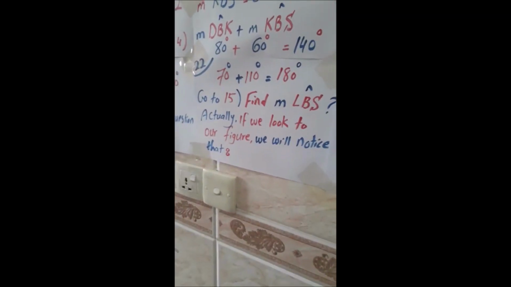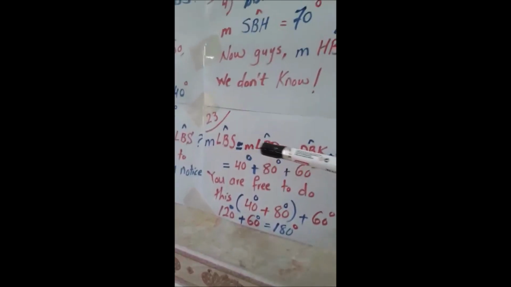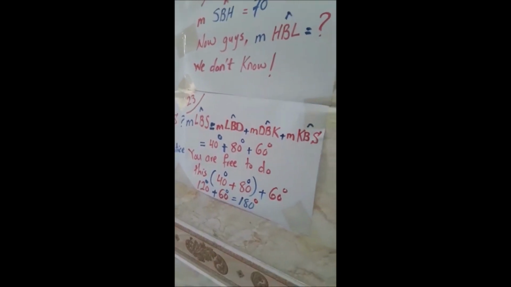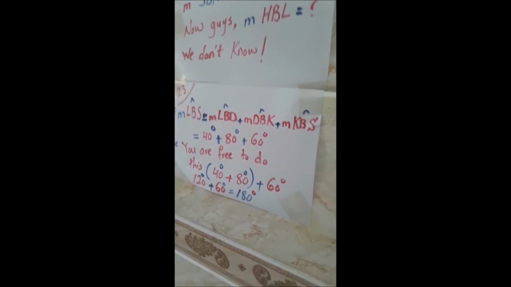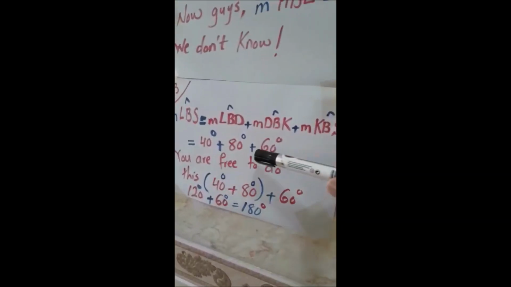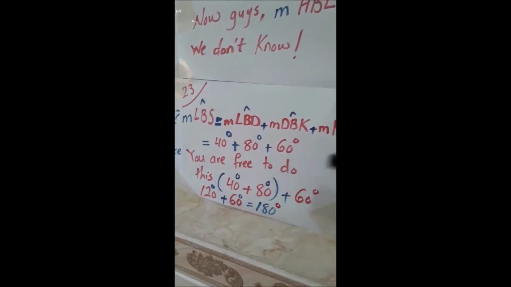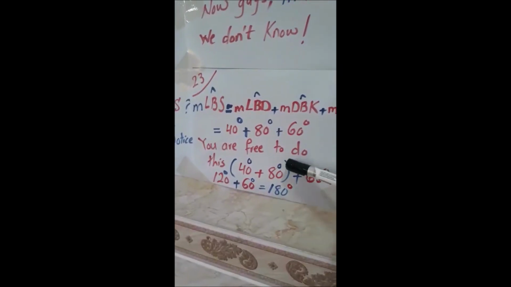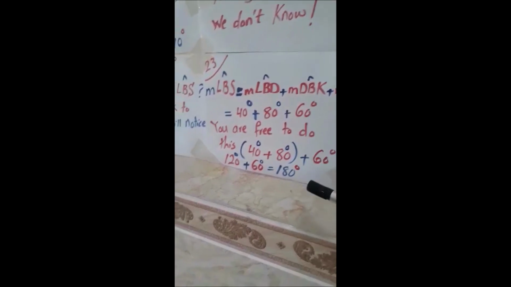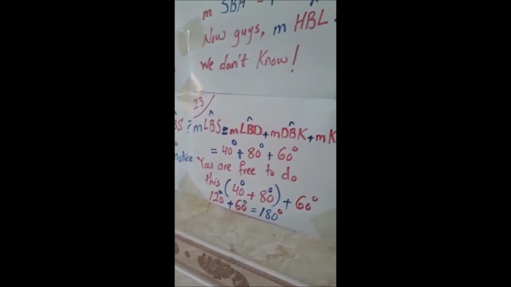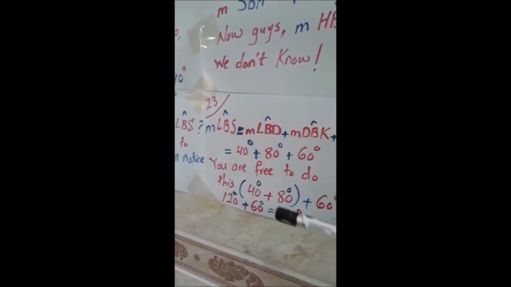If we look at our figure, we notice that the measure of angle LBS is the sum of these three angles: LBD plus DBK plus KBS, 40 plus 80 plus 60. You are free to do this calculation in any way. Either you take 40 and 80, which is 120, plus 60, which is 180. This is correct, because the angle LBS is a straight angle, its measure is 180.